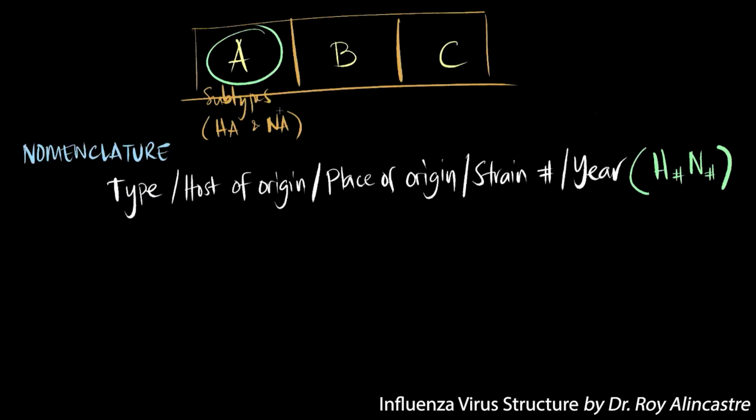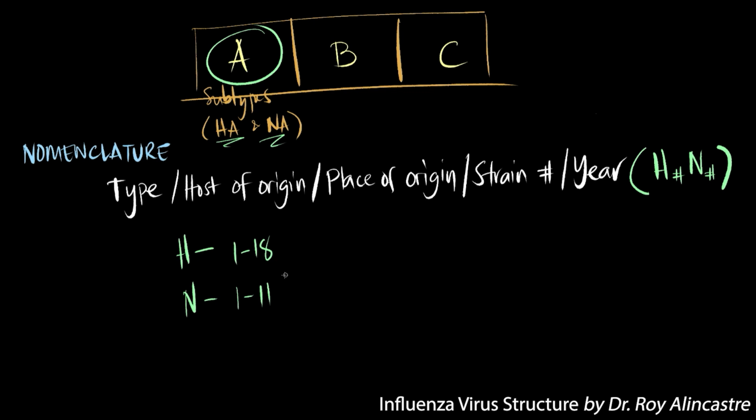Now remember, when looking at the whole name of type A flu viruses, at the end we will find the subtypes, right? Which are determined according to the HA and NA proteins, right? So for example, H1N1 or H3N2, right? So there are actually 18 different types of hemagglutinin proteins and 11 different types of neuraminidases.